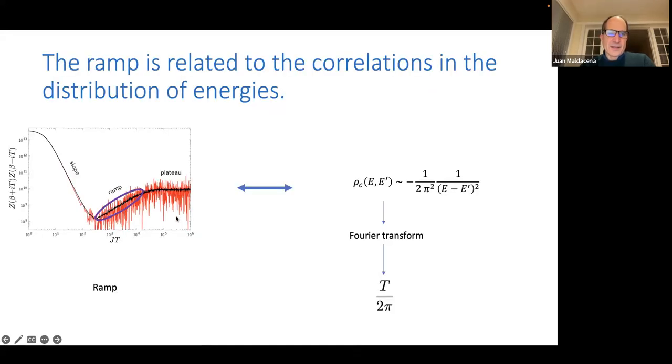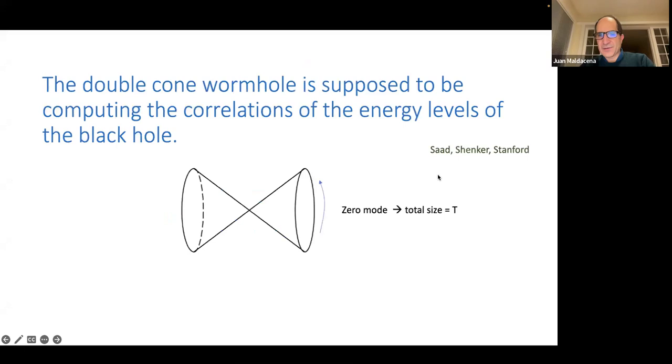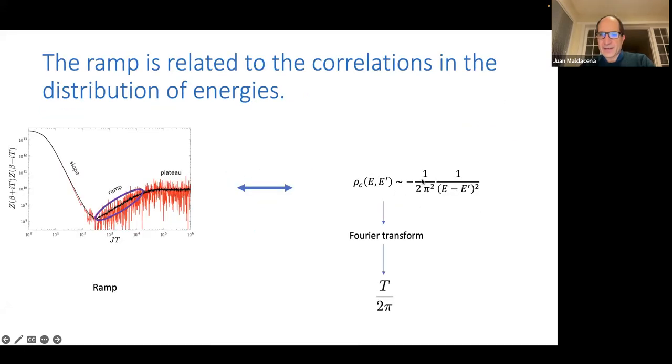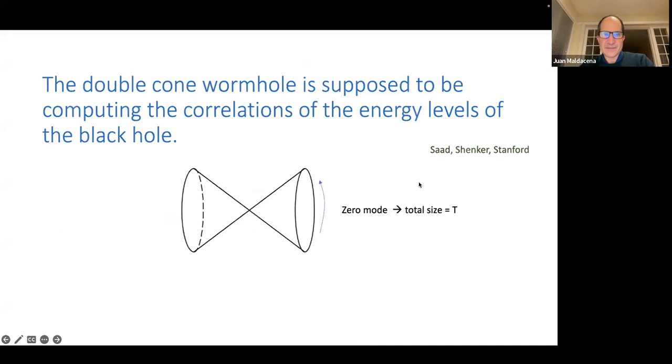So the logic I was trying to explain is the relationship between the ramp and this distribution of energies. The fact that we have this energy distribution, and that the coefficient here is universal.